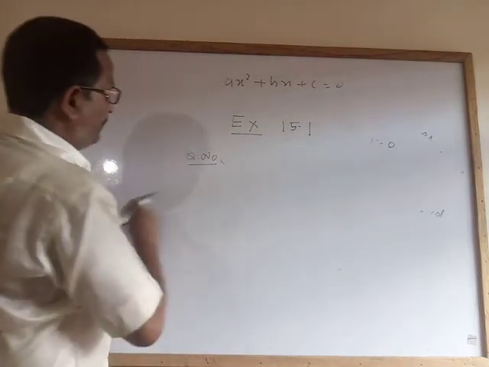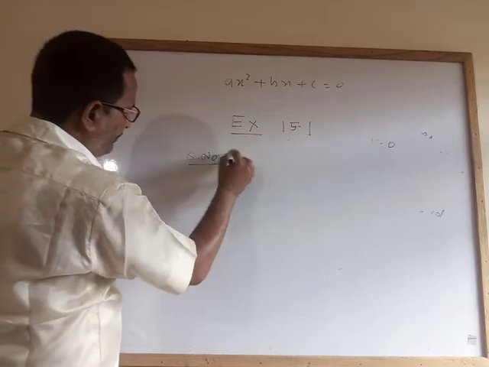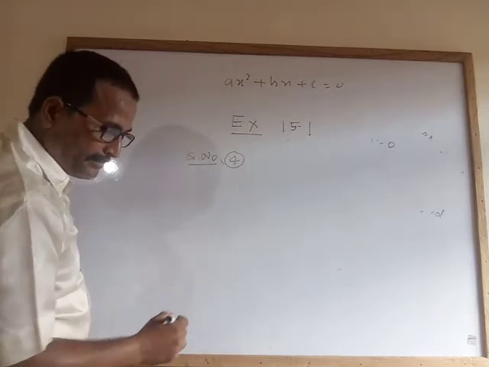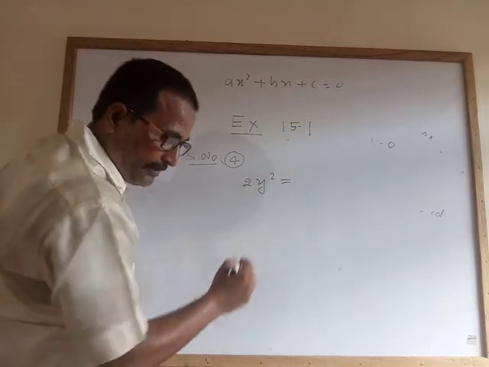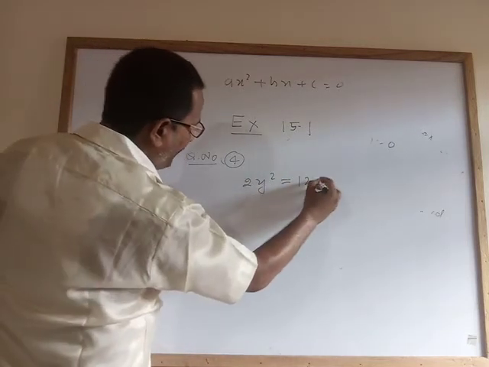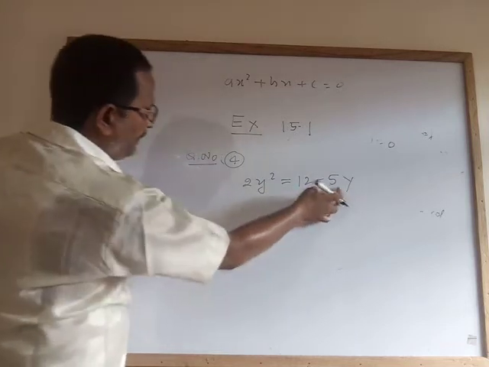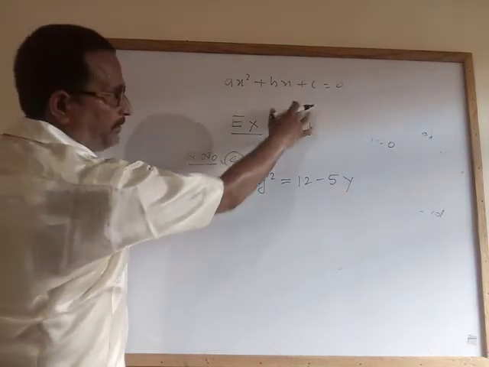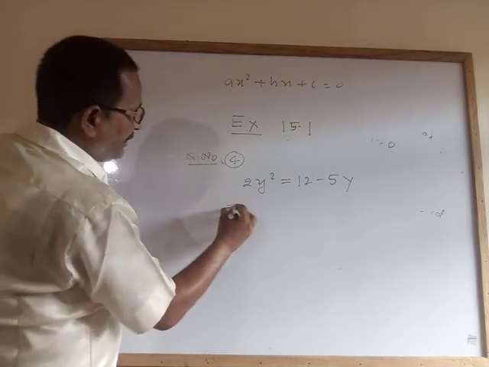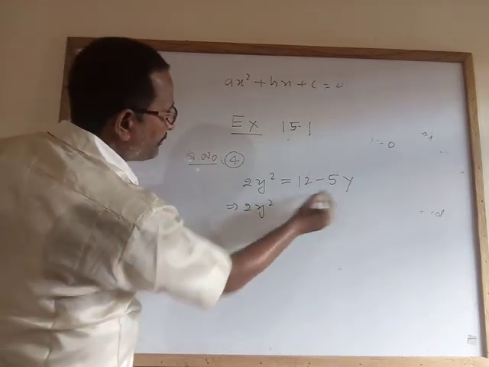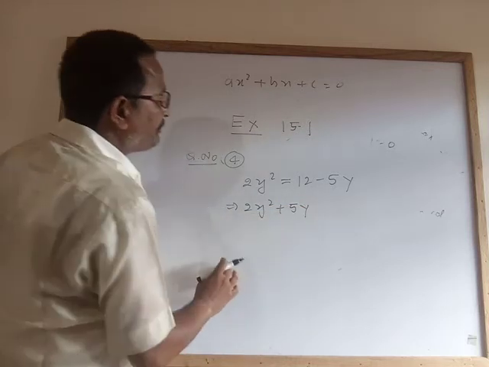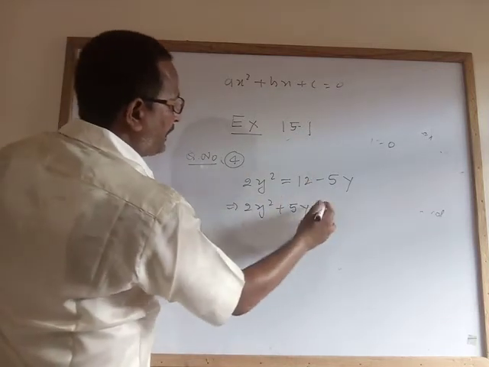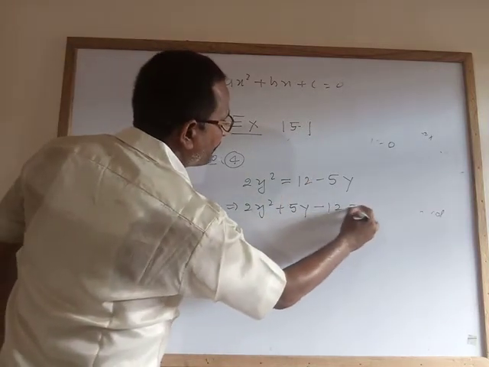Question number 4. Given 2y square plus 12 minus 5y. See that this question is also not given in this form. You have to make it 2y square, this side plus 5y, this side minus 12, equal to 0.